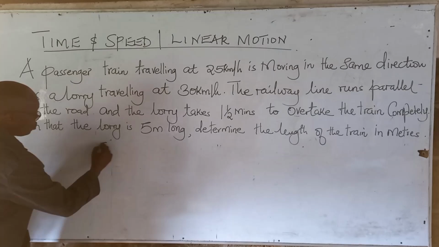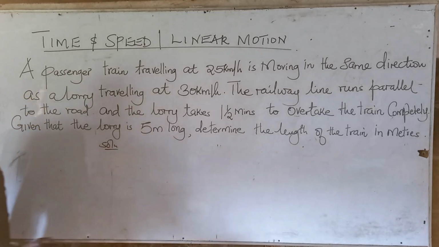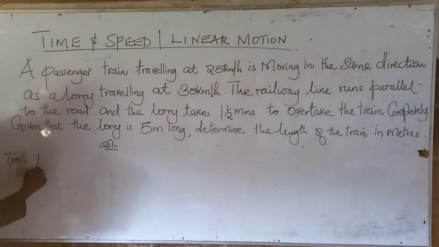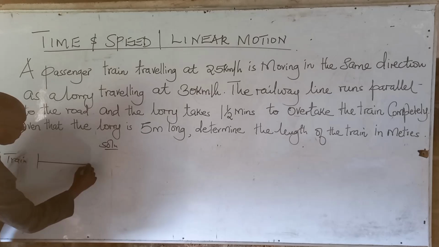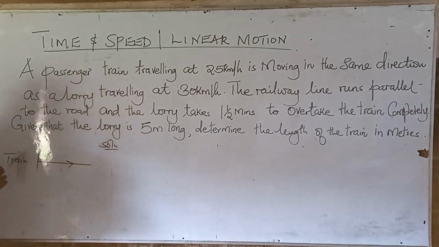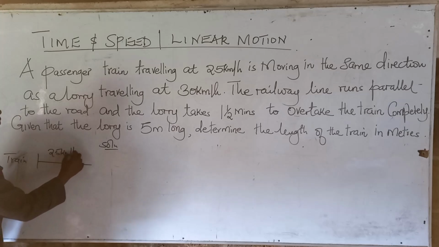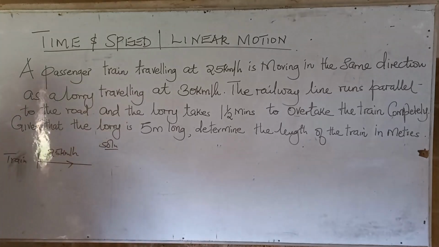Let's go to the solution. So we have the passenger train. So just illustrate it here. So this is the train. It is moving in that direction, and the speed is 25 kilometers per hour. It is moving in the same direction as the lorry.